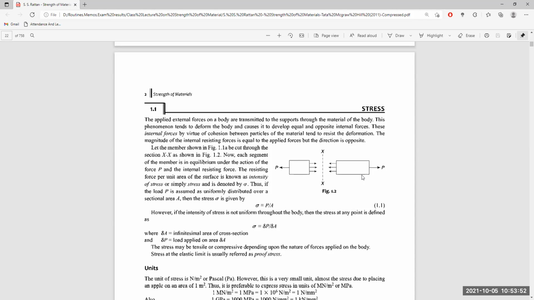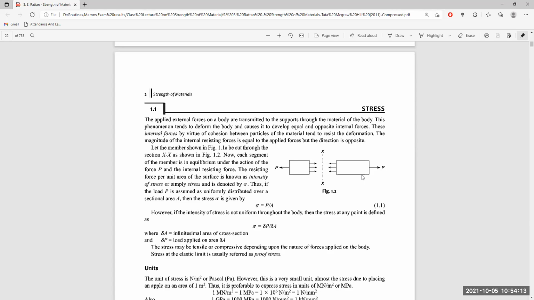It is trying to elongate, but the bar is resisting it. Even with the resistance, the bar will elongate to a certain extent and stop there. When the internal load is equal to the external load, the bar will stop elongating. It is in equilibrium then.